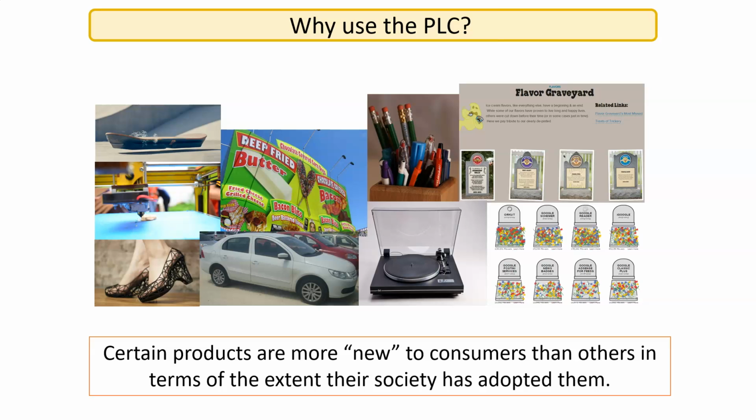Notice how some products like those 3D printed shoes or the Lexus hoverboard over here are a lot newer to the market. Meanwhile, something like deep fried butter is increasingly known in the fair markets. And then keep going, cars and pencils are well accepted, where there aren't many new markets that they haven't already tried. Finally, some products are effectively out of sight, such as this long list of discontinued Google and Ben & Jerry's products.